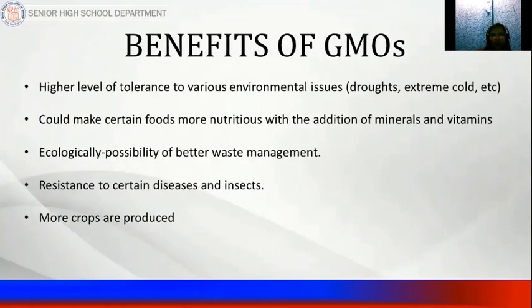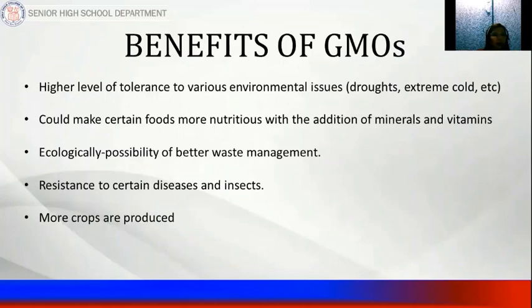So, benefits of GMOs. If it has a lot of risk, it can also have benefits. Higher level of tolerance to various environmental issues. With this, of course, scientists modify organisms for the benefit. That is why they do such things.